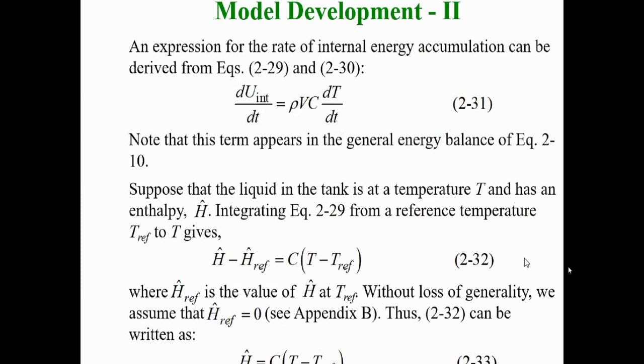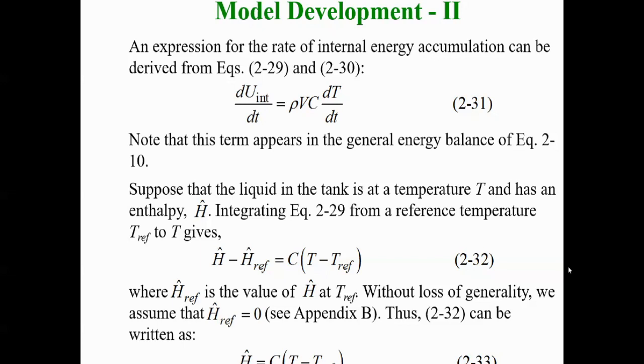In model development two, an expression for the rate of internal energy accumulation can be derived from equations 2.29 and 2.30. Then you have dU internal over dt equals rho V C dT over dt. So this term appears in the general energy balance. Suppose that the liquid in the tank is at a temperature T and has an enthalpy H caret.